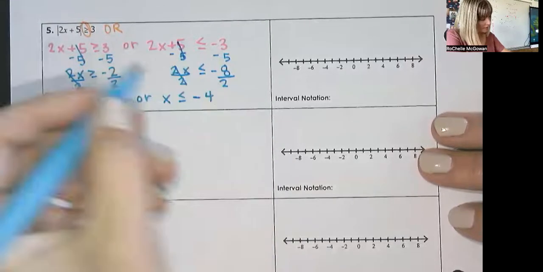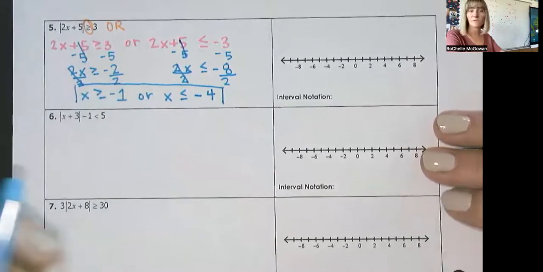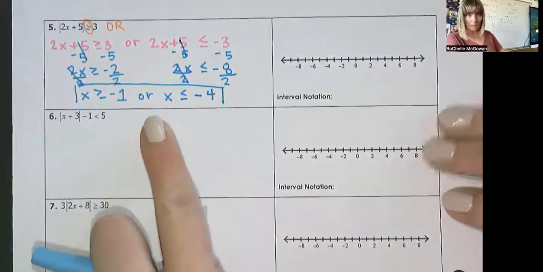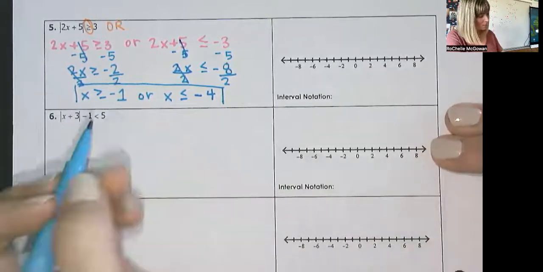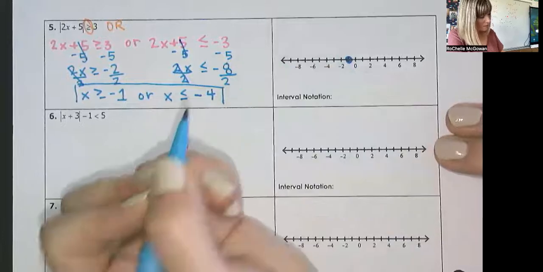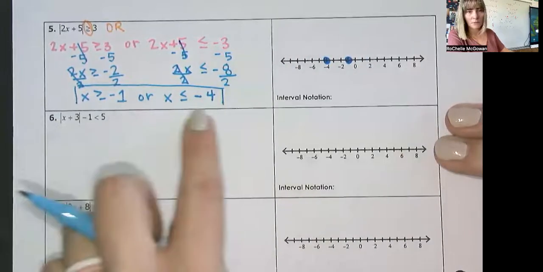If I did my work correctly, which I think I did, that means I didn't need to reverse any symbols. I didn't divide by any negatives. This is my inequality solution. Now I can come over here and do my graph solution, close circle at -1. Close circle at -4. These are kind of written backwards over here.